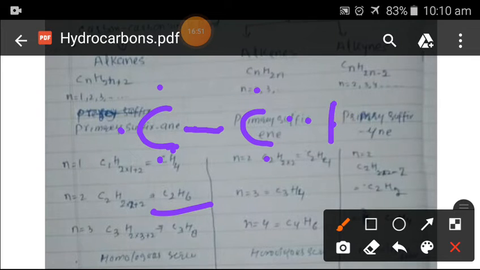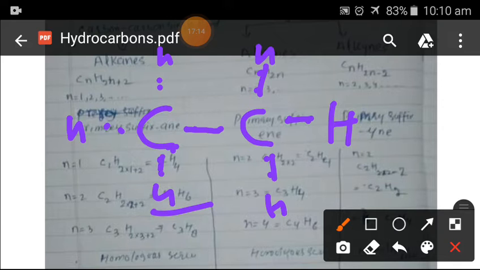One hydrogen comes here, one hydrogen comes here, one hydrogen comes here. Similarly six hydrogen atoms are coming in, and they form covalent bonds with these two carbon atoms. So here is the first covalent bond, second, third, fourth, fifth, sixth.